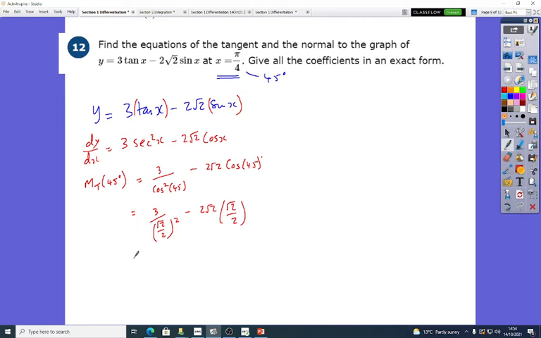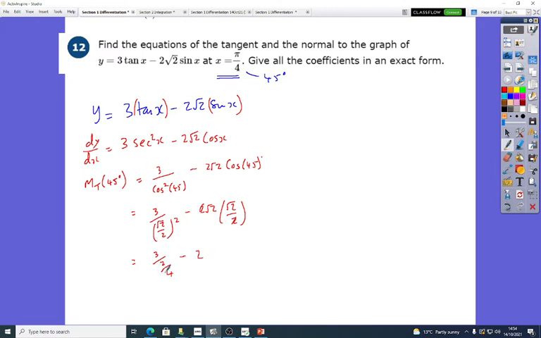So the gradient at that point: if I square that, I'll get 3 over root 2 times root 2, which is 2, and 2 times 2 is over 4. And here, root 2 times root 2 gives me 2, but these 2's cancel out, so I'll just take away 2 there.